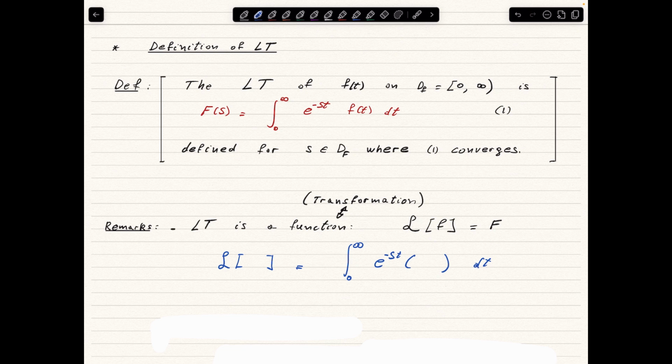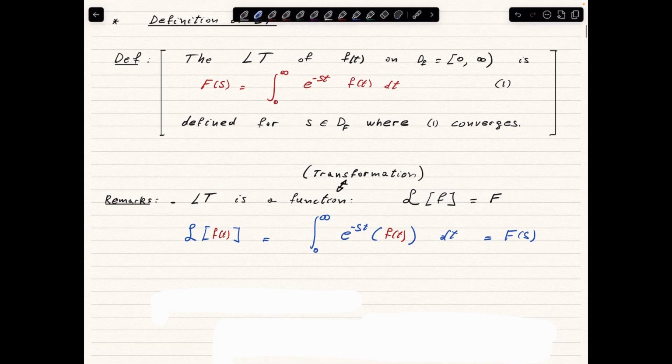So if you want to put there a function, any function f of t, you put your function here and do the calculation indicated, and then you obtain a new function. That's why we have this other notation, that this is actually a function of s, wherever this integral converges. So that's the Laplace transform.